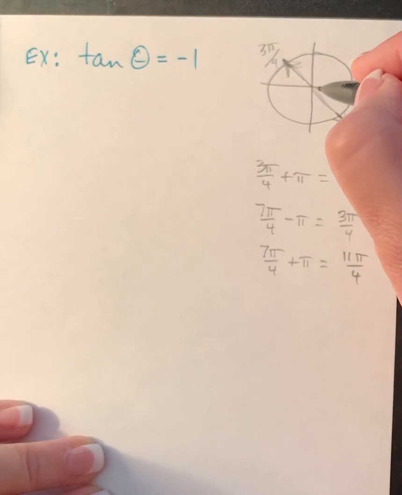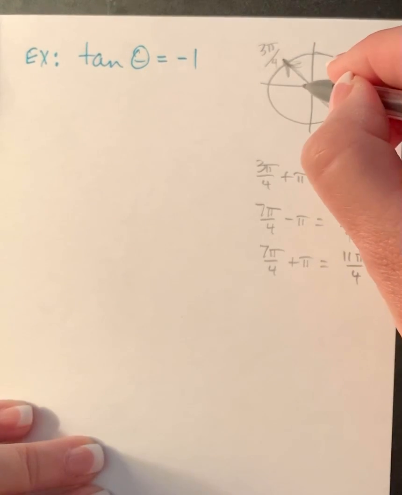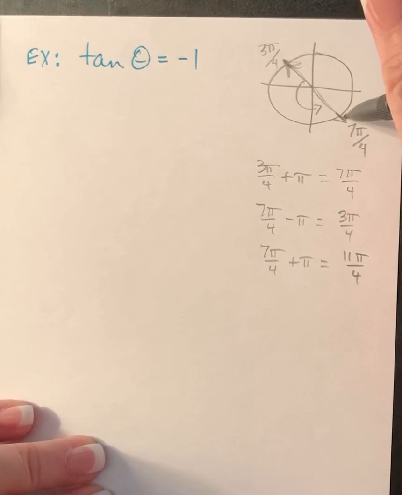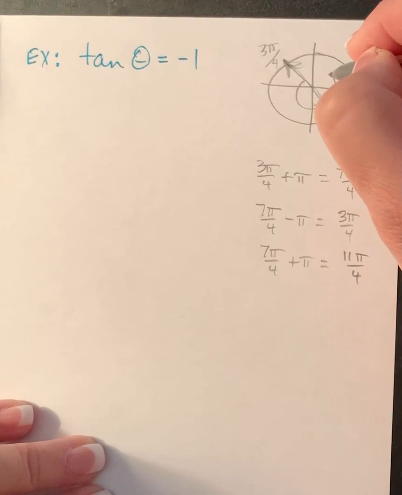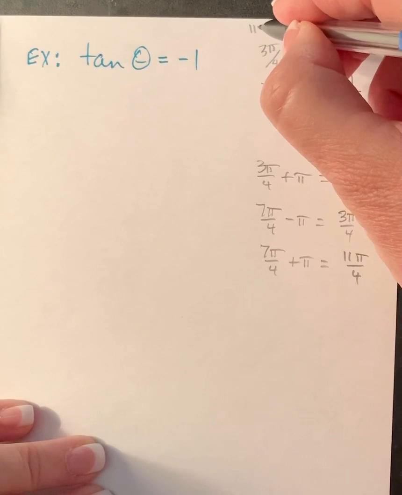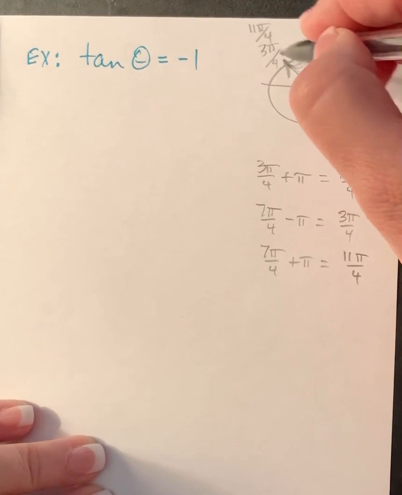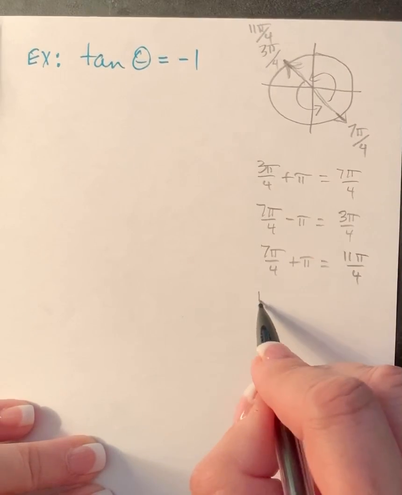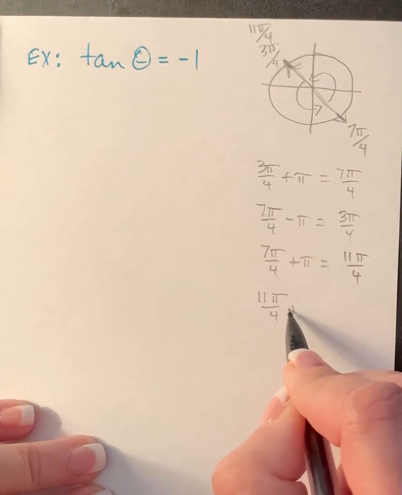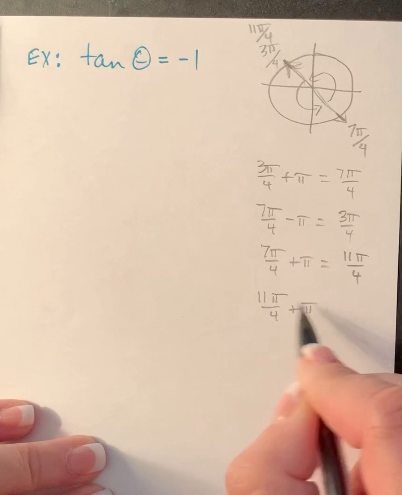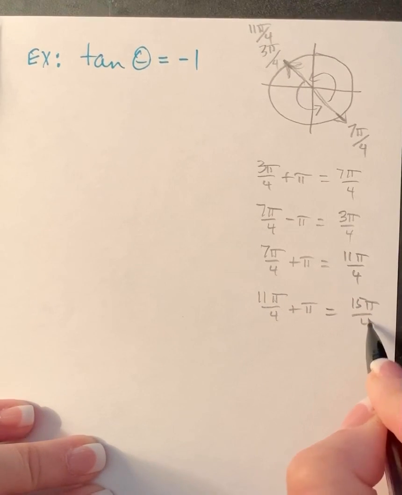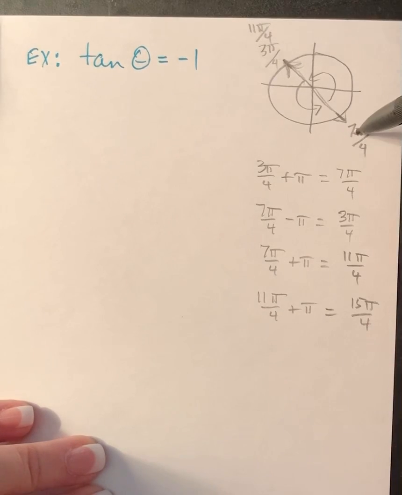If I add another pi, 11 pi over 4 plus pi, that works out to be 15 pi over 4, and that is coterminal with 7 pi over 4.